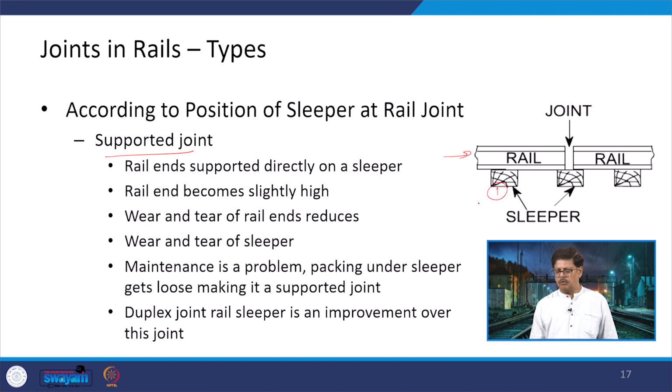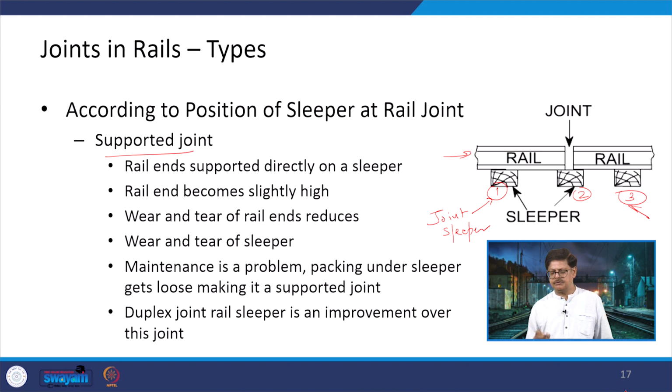As you can see in the figure on the right hand side, there is sleeper 1, sleeper 2 and sleeper 3. So far what we have been talking about is that sleeper 1 and sleeper 3 are the joint sleepers. This is the normal practice which is followed.